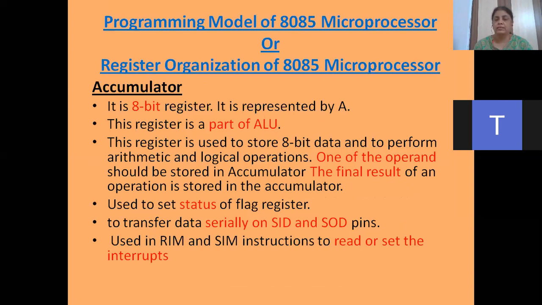So, if you see the ALU organization diagram, whatever we are giving to the ALU for processing should come from the accumulator and the temporary register. Understood? After processing by the ALU, the result will again come back into the accumulator. So that's why it is written that this is part of your ALU.